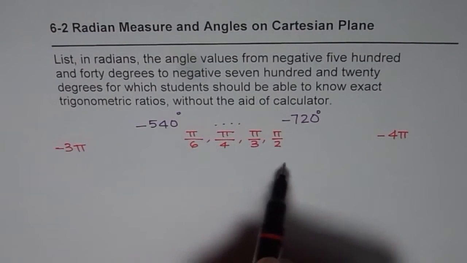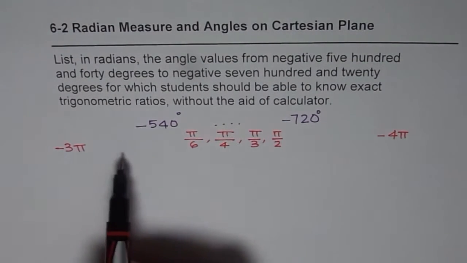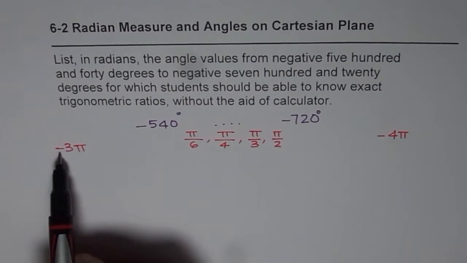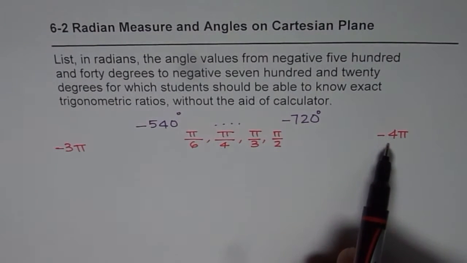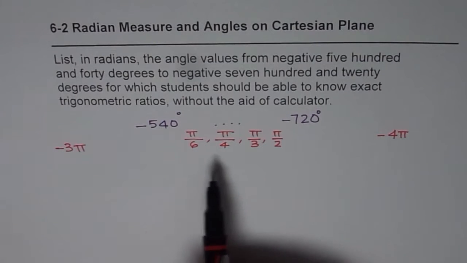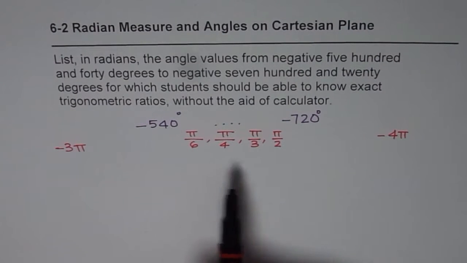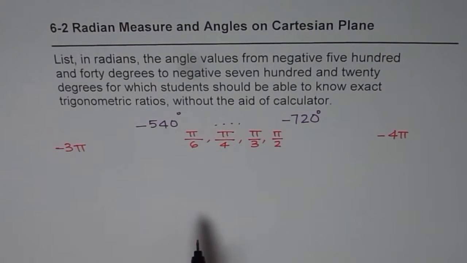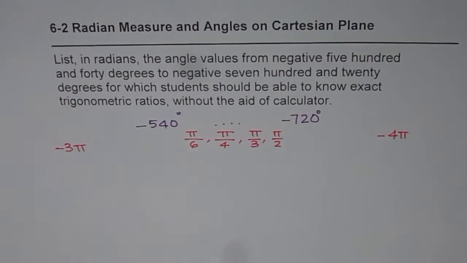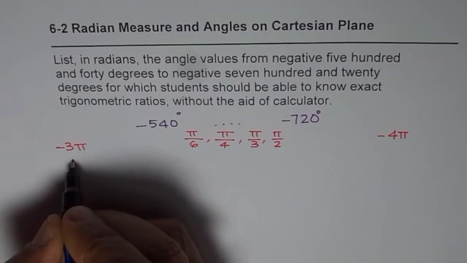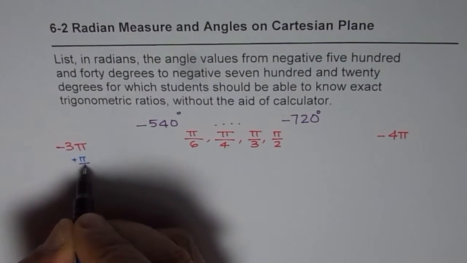Now these angles, you have to add to minus 3 pi, and keep on adding till you reach minus 4 pi. That is the kind of steps which will help us get the answer. So let's begin by adding pi by 6. If I add pi by 6 here, what will I get?